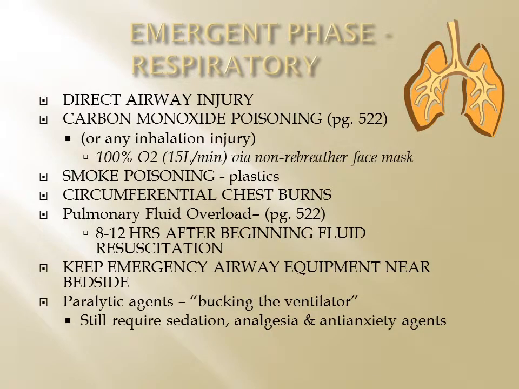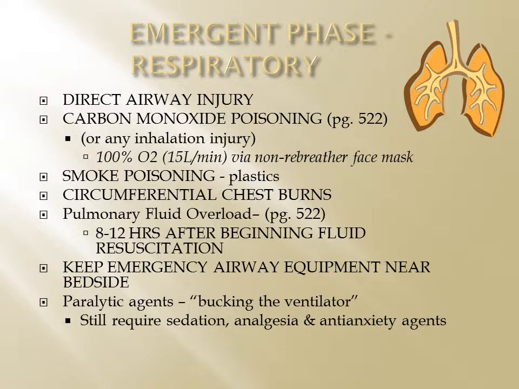Okay, let's discuss the emergent phase if there's a direct airway injury for the respiratory. There will be carbon monoxide poisoning, if you want to review on page 522 of your textbook, or if there's any other inhalation injury. You will provide 100% oxygen via non-rebreather face mask, and this could be caused from smoke poisoning such as plastics or circumferential chest burns.